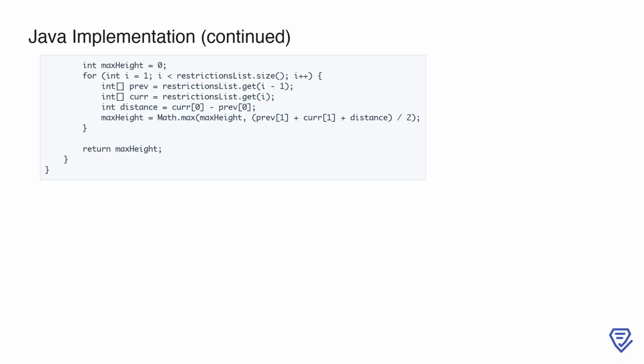For each pair, we determine the maximum height that can be achieved between the two buildings. This is calculated as the average of their adjusted heights, plus the distance between them, divided by 2. By taking the maximum value across all pairs, we determine the maximum possible building height for this configuration. Finally, the function returns this value as the result.